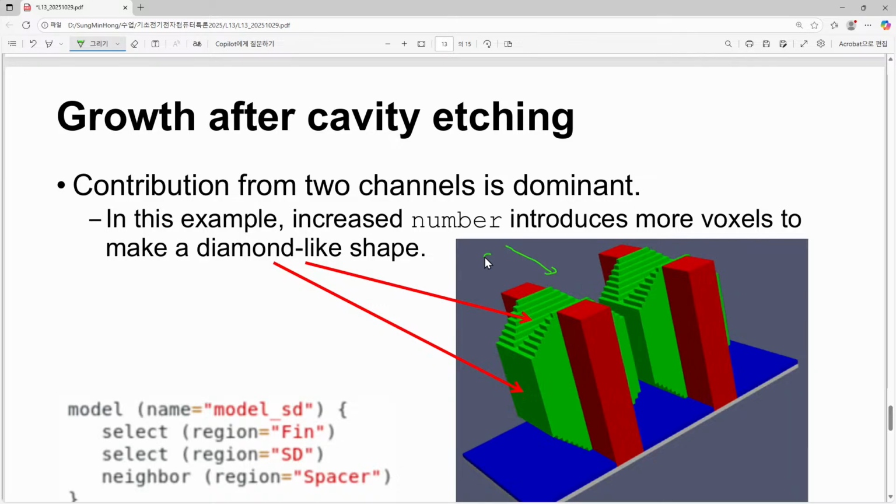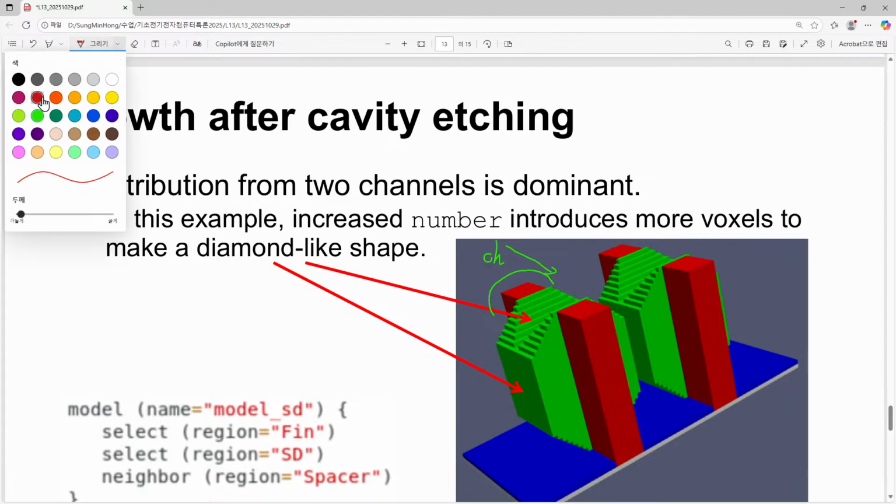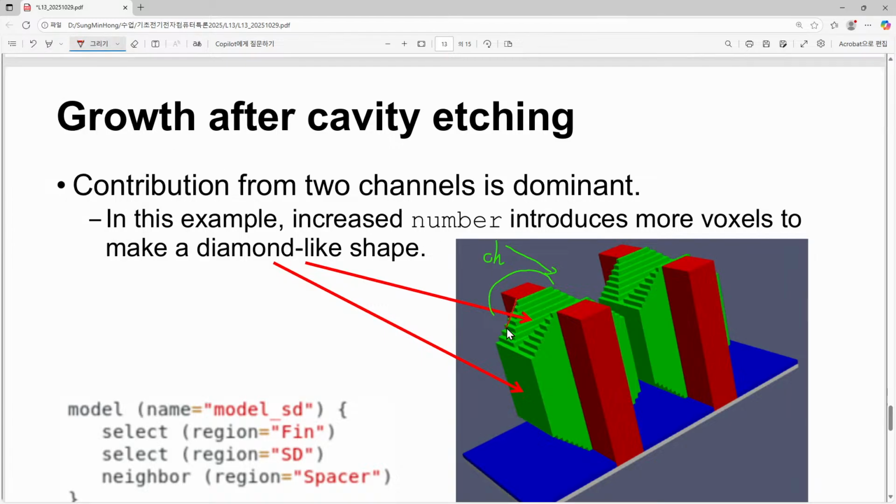This is the channel direction, and here we have a fin surrounded by spacer, and a fin also surrounded by spacer. And now you can see that, starting from this point, we have a downhill of our grown source drain epitaxial layer.